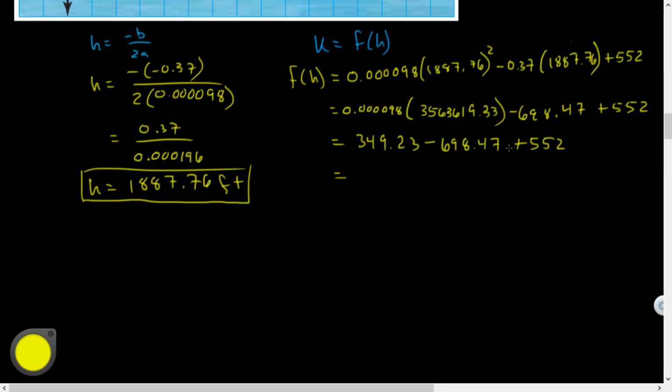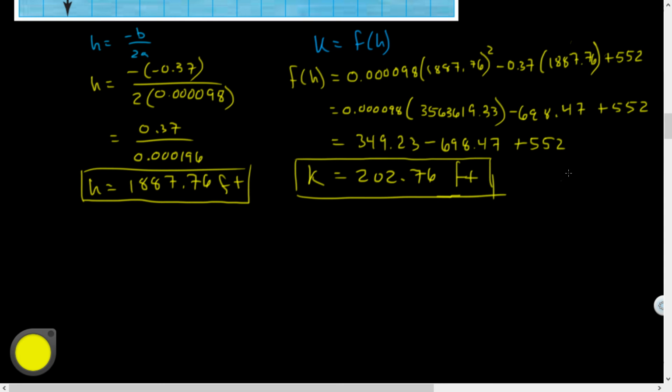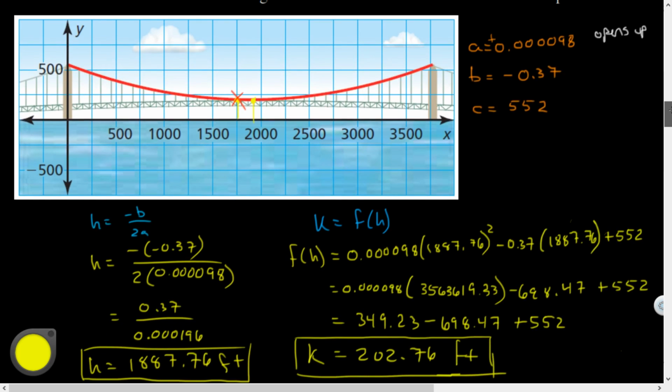And then add 552. Whew. Lots of calculating here, and I get this, 202.76 for the value of K. And that's measured in feet. So I'm just going to leave that there for a minute.